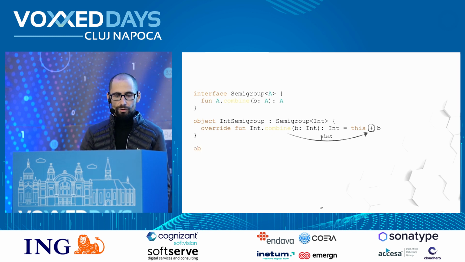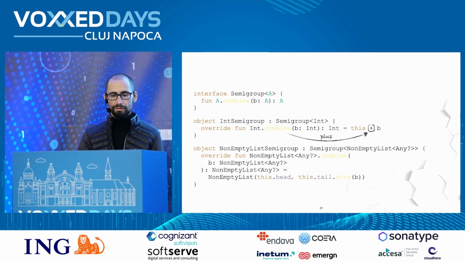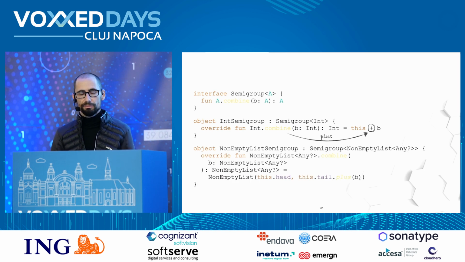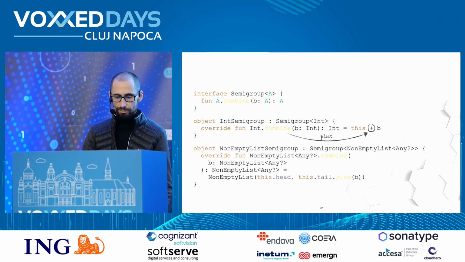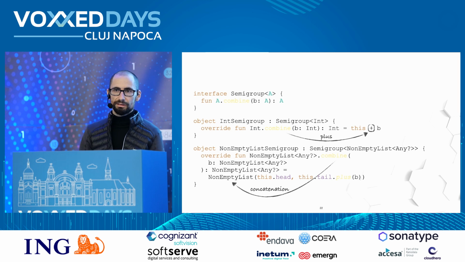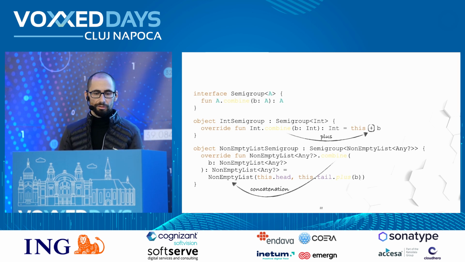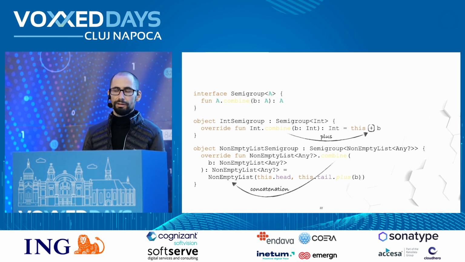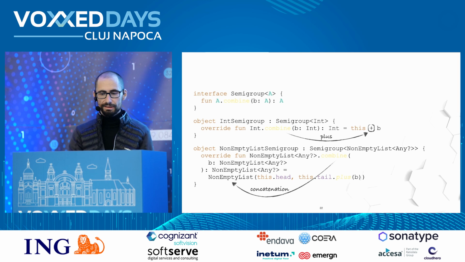For non-empty lists, even though this might look a bit more complicated, it's actually not, because the only thing that happens here is list concatenation. In our case, where we're using non-empty lists, we want to concatenate those lists to produce one single list with all the elements inside it.